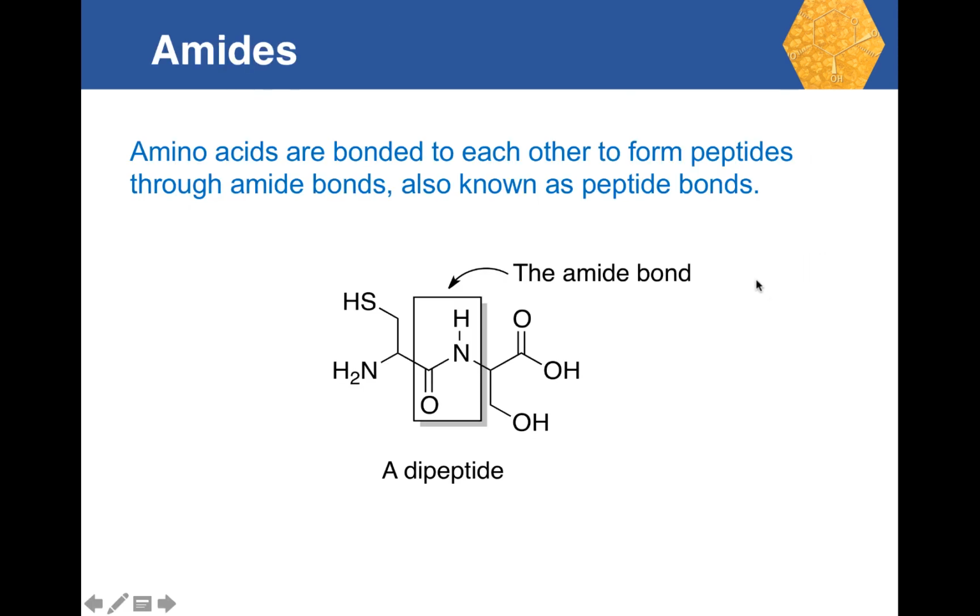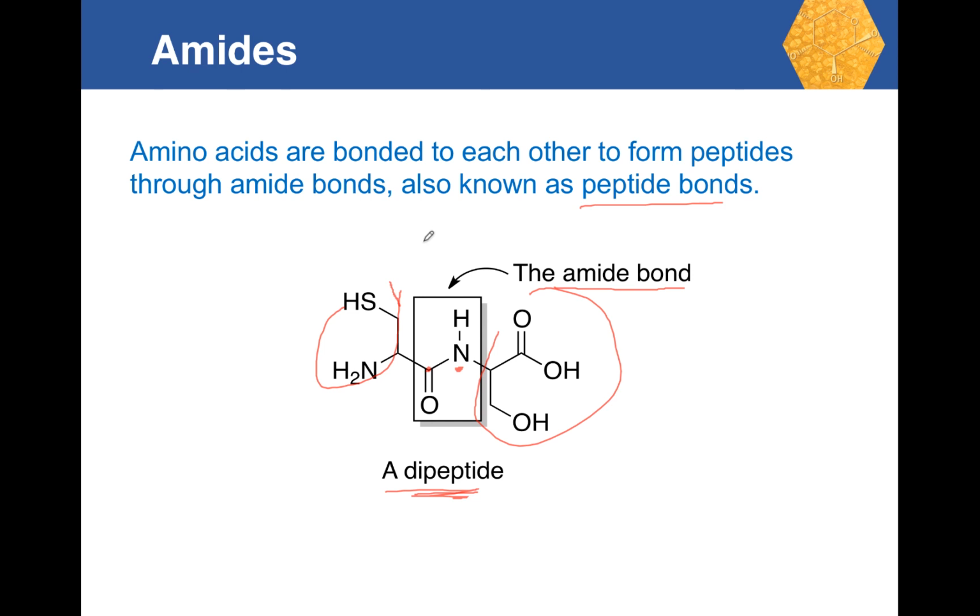Here is a very important application of the amide bond. As you can see, here is the amide bond here. Here's the carbonyl or the carbon-oxygen double bond that's bonded to nitrogen. So this is a very important bond, especially in biology, because the amide bond is also called the peptide bond in biology, and it essentially links 2 amino acids, here's one and here's another one, to form a dipeptide.